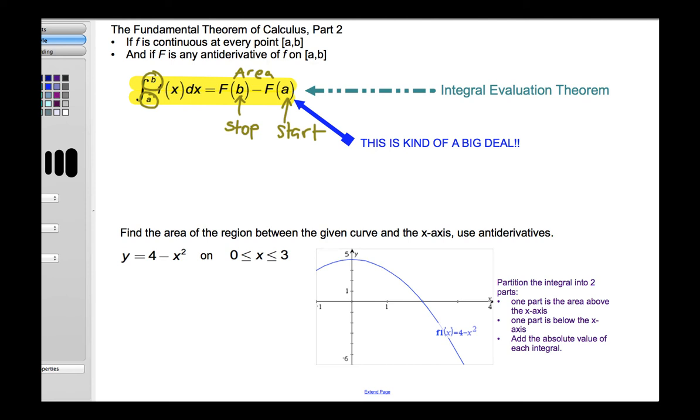So find the area of the region between the given curve and the x-axis using antiderivatives. And so now we're wanting to go from 0 to 3. So let's just get us a little line in here at 0. Hopefully he'll stop where he needs to. And let's take this guy off.